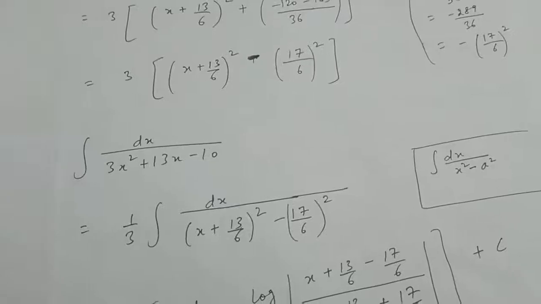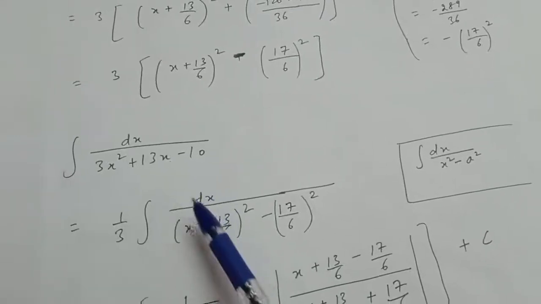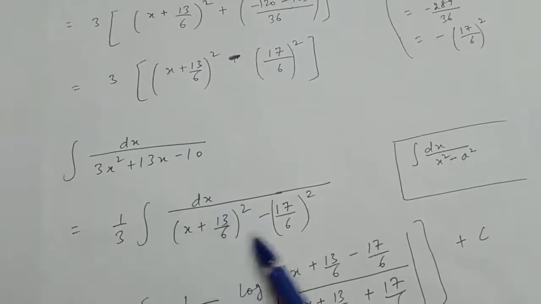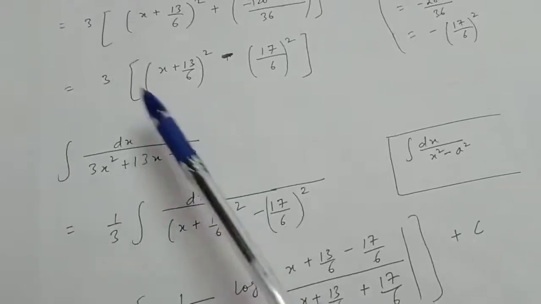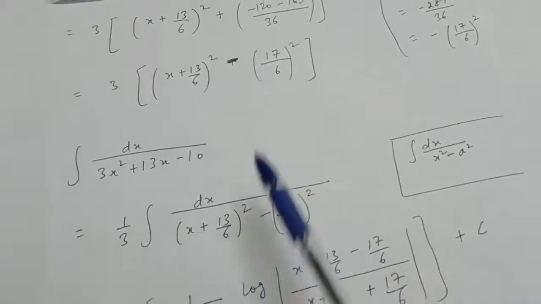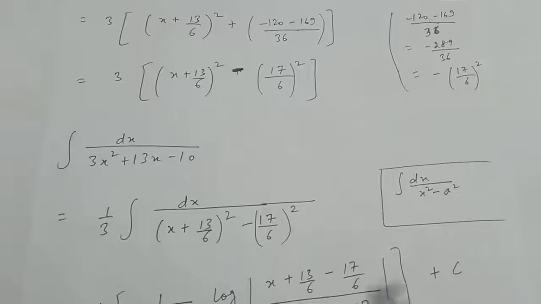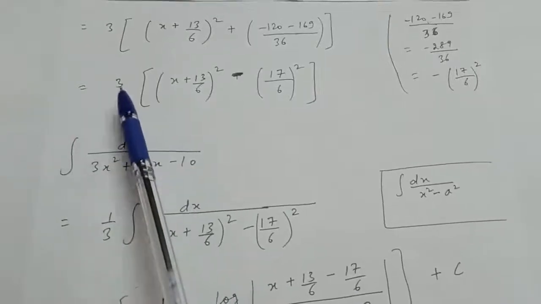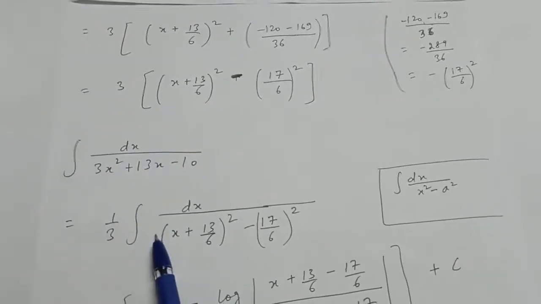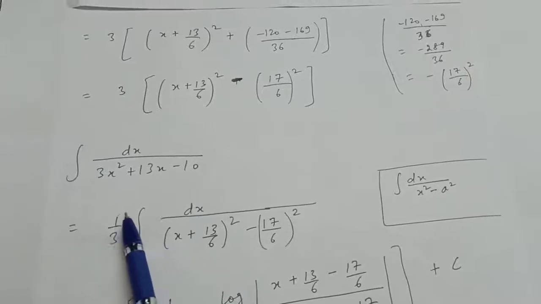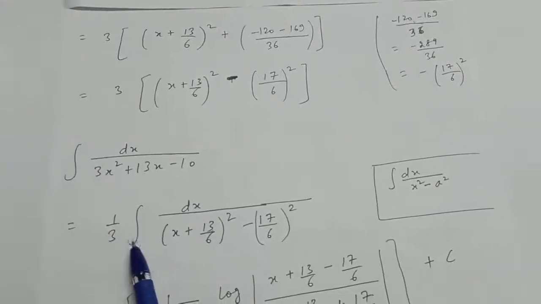Now the given integral, which is this, becomes the integral of this, in place of this writing 3 into this. Now because 3 is constant and it is in the denominator, take it out. So take out 1 by 3 common from the integral.